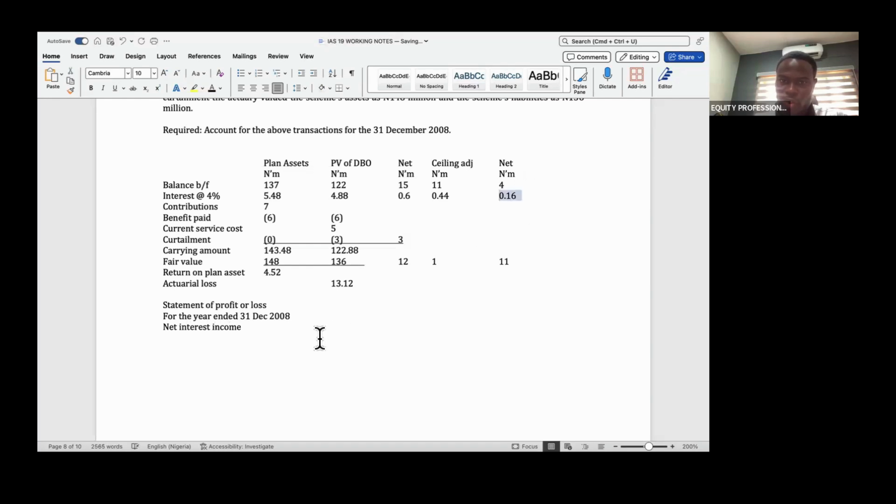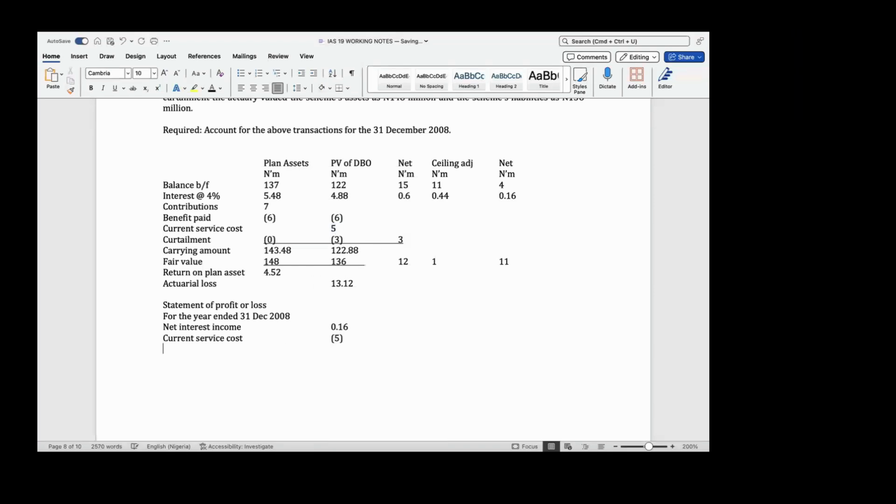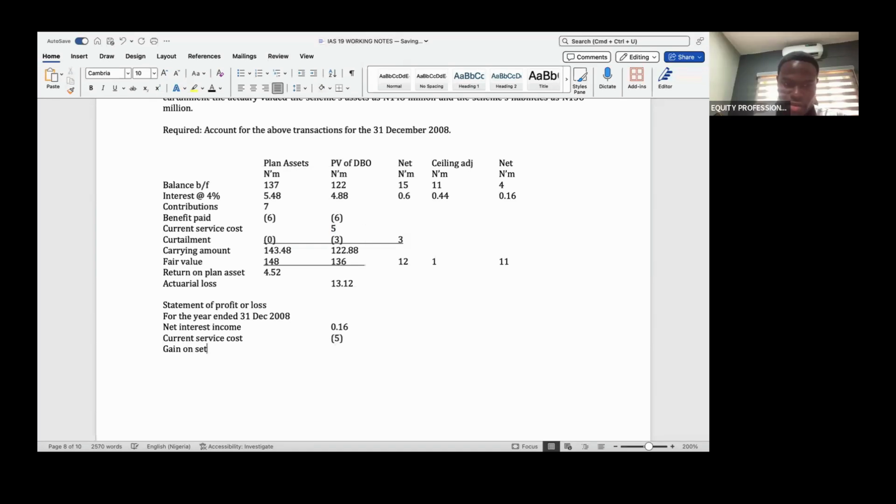This 0.16 here. I will have my current service cost, this 5, and I have my gain on settlement income of how much? 3, this one.